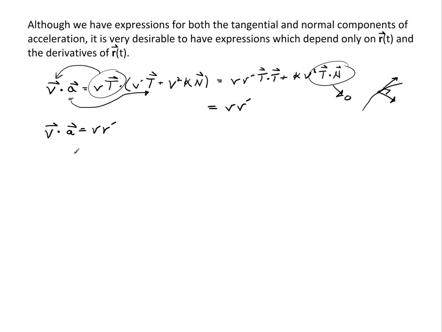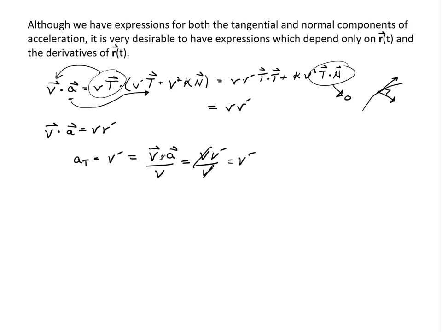Now remember the tangential component for acceleration, a sub t, equals v prime. So with that, I can say that the tangential component is really nothing more than v dot a divided by the magnitude of v, because that is equal to v prime times v over v, which is obviously just v prime.